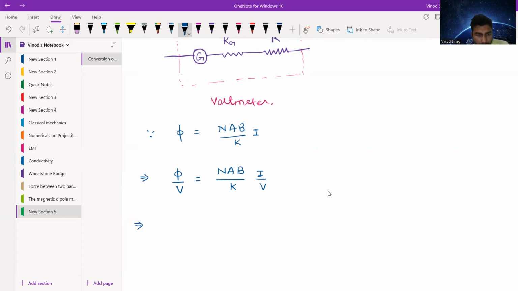Now phi upon V will be given as NAB divided by K into I upon V, and as per Ohm's law, V can be replaced by IR. So it will be I upon IR.